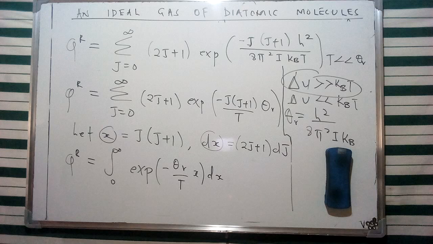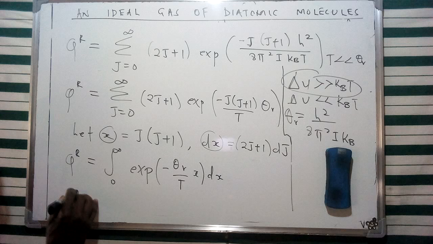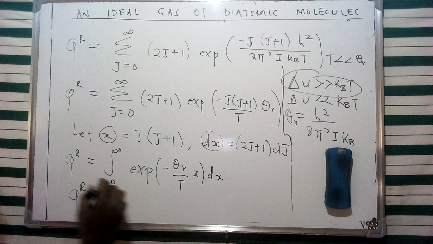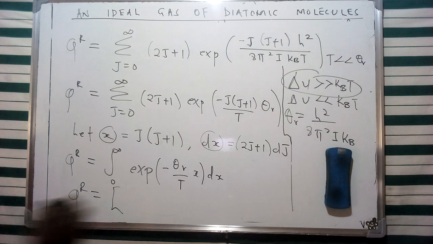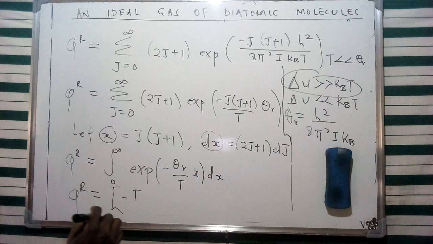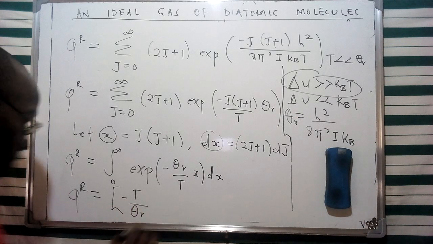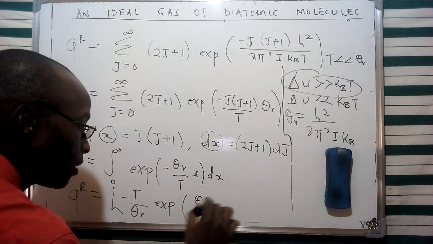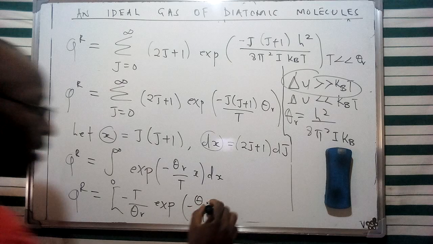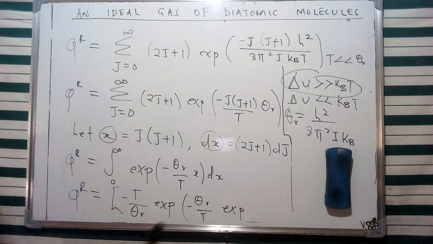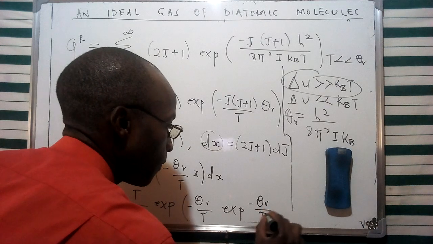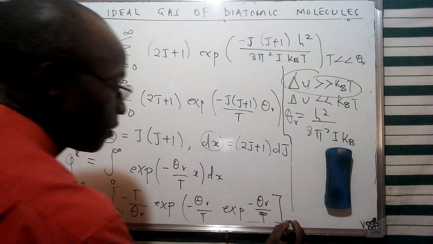So therefore it's going to appear in that specific format, and therefore we are going to have this rotational partition function given in terms of the substitution of those two values, 0 and infinity, for j. This is going to be the exponent of negative rotational temperature over T, between 0 and infinity.